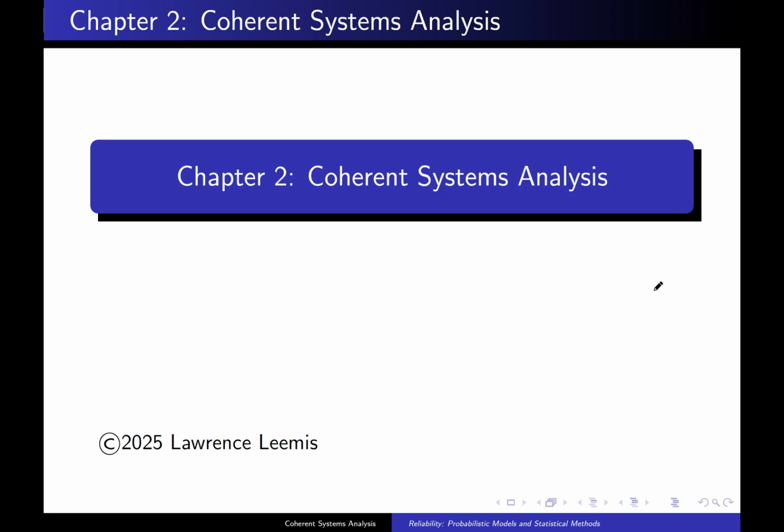This chapter is particularly valuable for system designers who might be interested in determining ways to arrange the components in their system that they are about to design. The second part of this chapter is, given a system of components, what is the reliability of the system for a particular point in time.